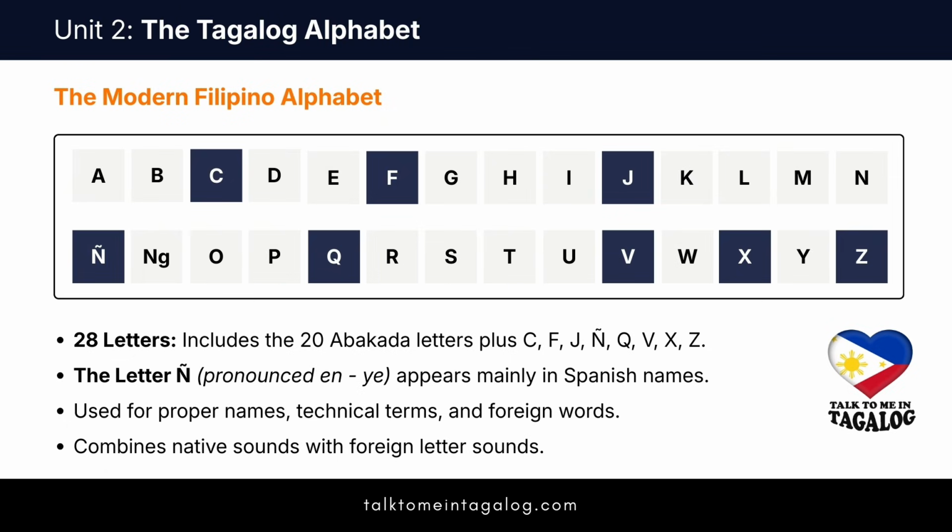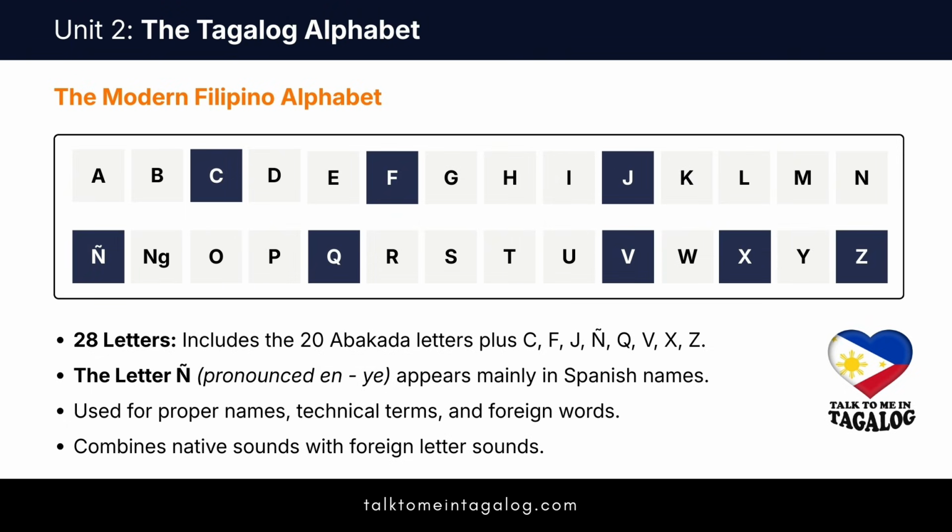Now, while the Abakada is the foundation of native Tagalog words, modern Filipino uses an expanded alphabet. The modern Filipino alphabet has 28 letters. It includes the original 20 Abakada letters plus the letters C, F, J, Ñ, Q, V, X, and Z. The letter Ñ, pronounced enye, appears mainly in Spanish names.